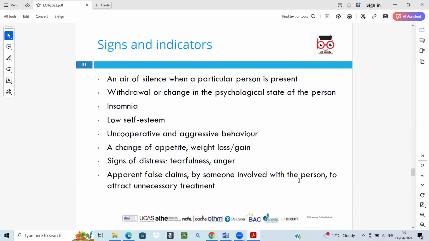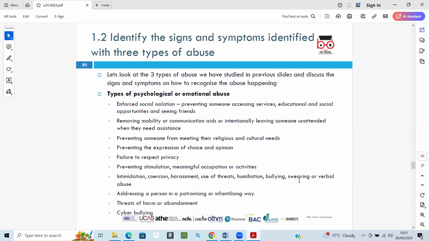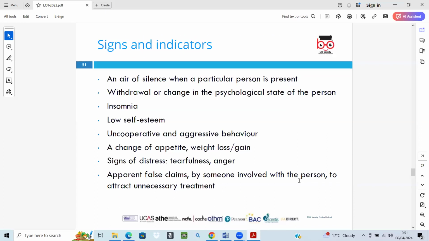So now we have signs and indicators: withdrawal, insomnia, low self-esteem. Again, they are talking about the types of psychological or emotional abuse which we have gone through.